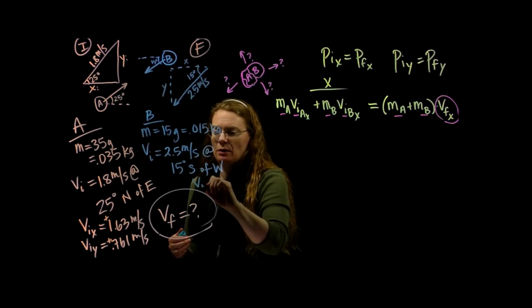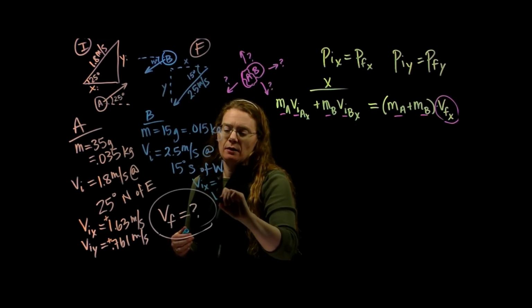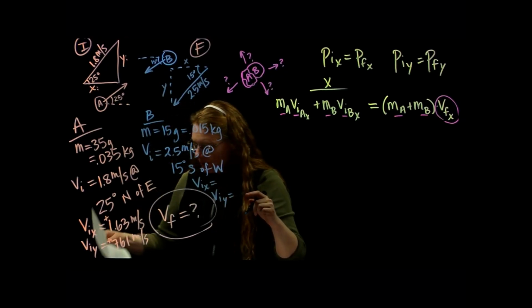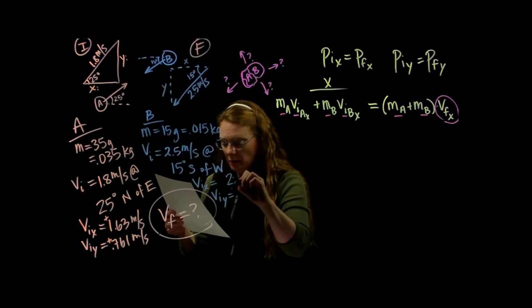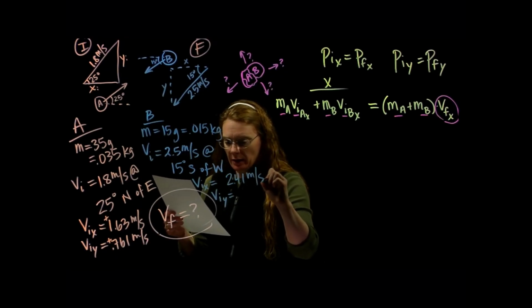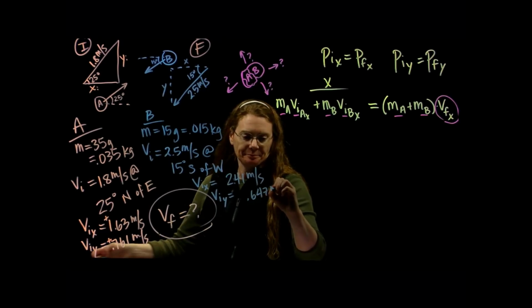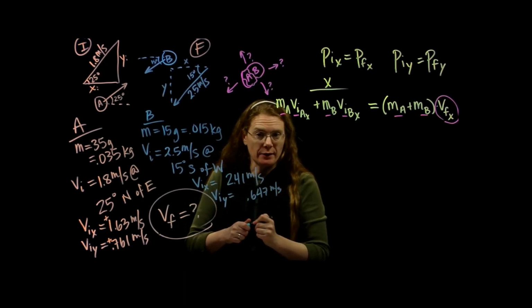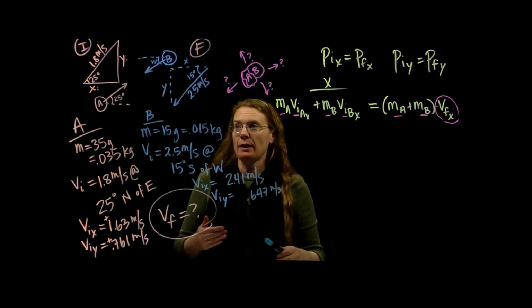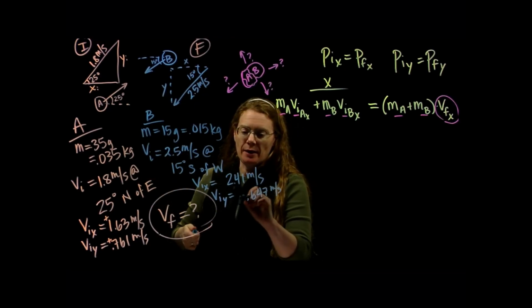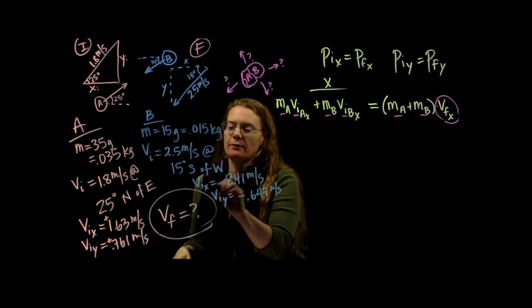So v initial x and v initial y. V initial x was 2.41 meters per second. V initial y is 0.647. Again, we have to take into account direction. Momentum is a vector. We're going down and to the left. Down means negative y. Left means negative x.